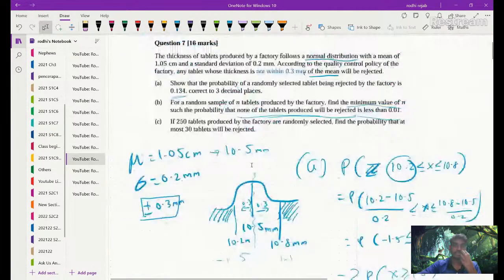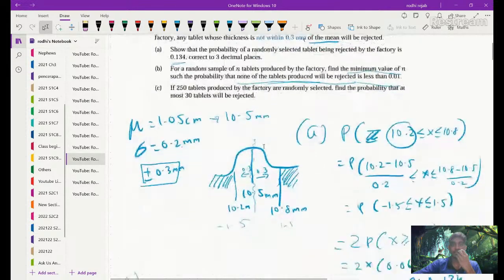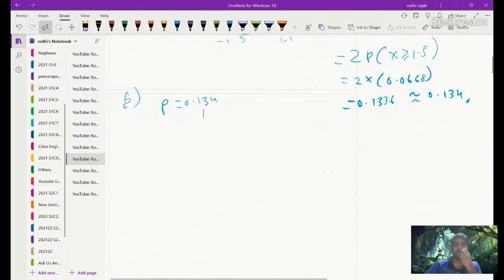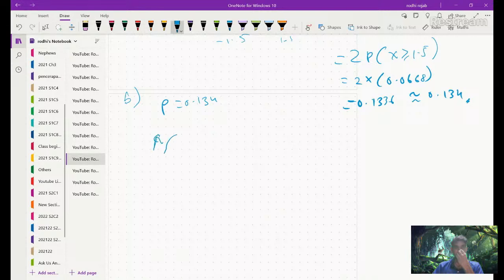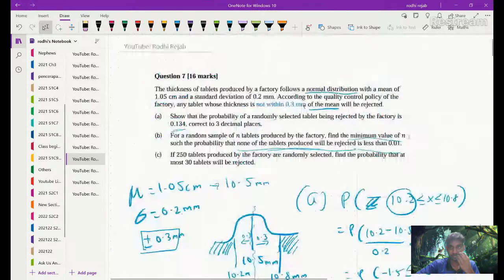And since they are asking about a sample, this will be a binomial distribution. For the binomial, we know that our formula is nCr times p^r times (1 minus p), which is also equal to q, to the power of n minus r. So from here, we need to find the minimum value of n.